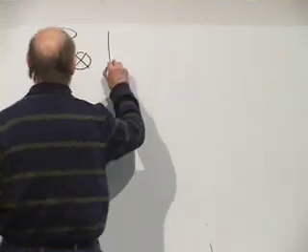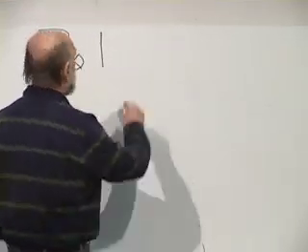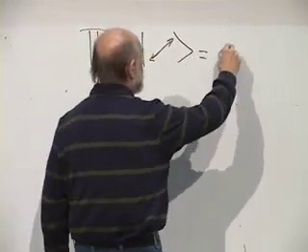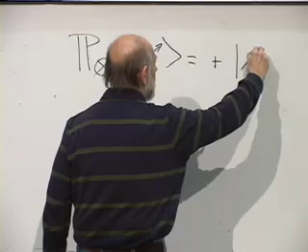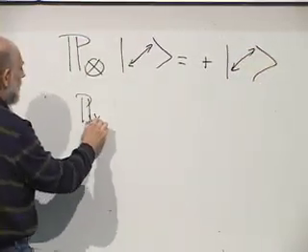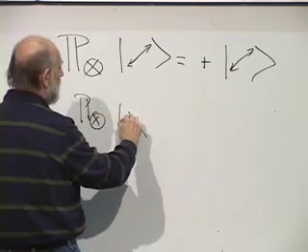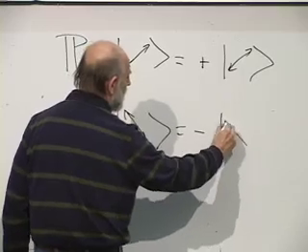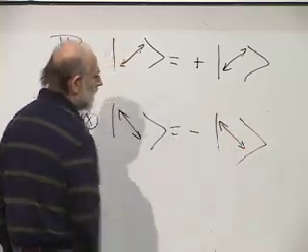Okay? Then we want an operator which has the property that it gives +1 times this, and the same operator should give -1 on this polarization.